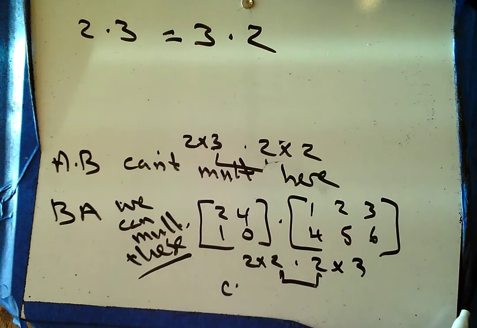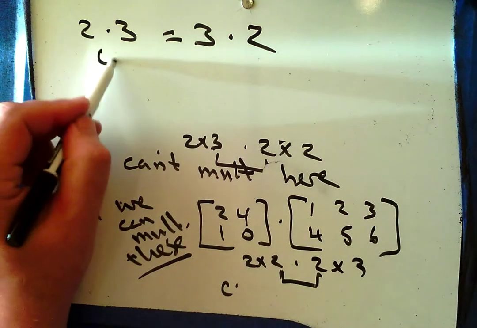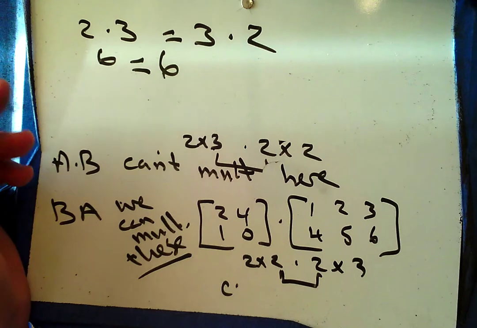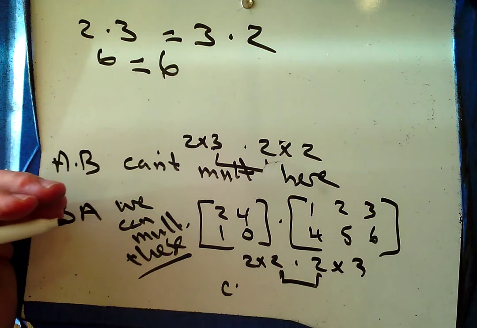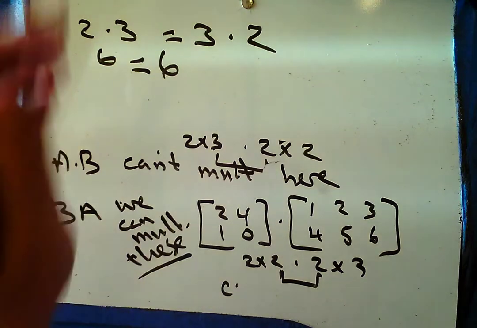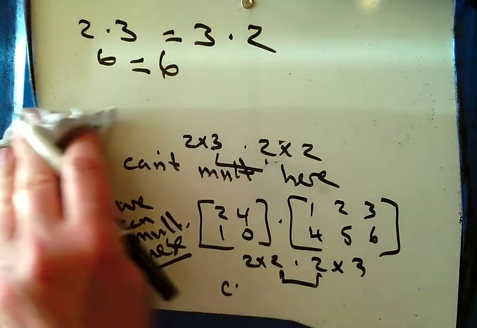We've had the commutative property of multiplication. 6 equals 6. We said it doesn't matter in which order you multiply these two numbers, you end up with the same answer. But with matrices, that's not always true. Sometimes we can't even do the multiplication. So that'll be something to watch out for when we do matrix multiplication.